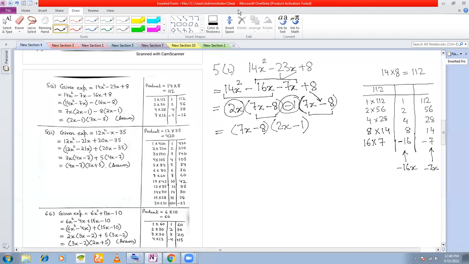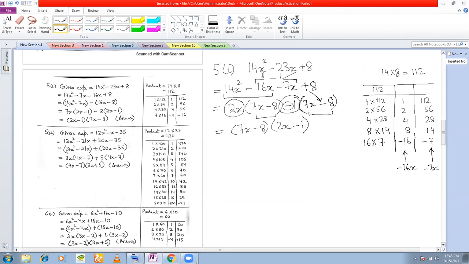Sir, I'm asking that if there are x and 8, which one we will consider as bigger one? Say it a little louder. I'm saying that if there is x and 8, which one will we consider as greater? What do you mean by x and 8?